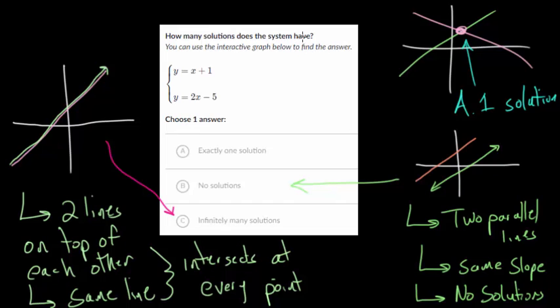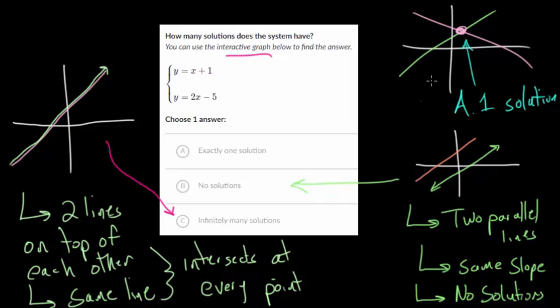And for these problems on the Khan Academy, you're going to have this interactive grapher. I didn't put that in down below, but essentially with that interactive grapher, you can graph both of these lines and see what the scenario is. Is it the same line? Are they parallel lines? Or is there just one solution?